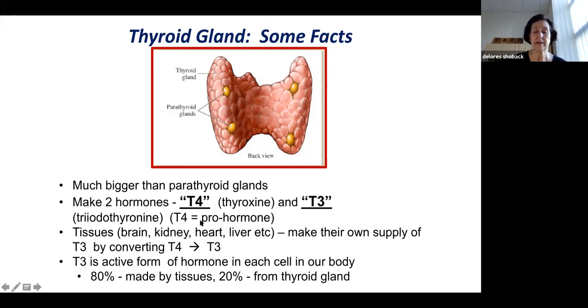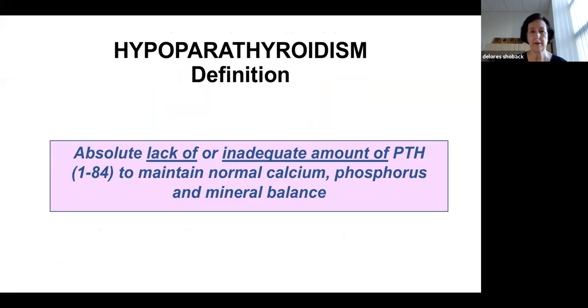T4 is the precursor, or sometimes called the prohormone, for T3. All the tissues in our body make their own T3 actually. The thyroid makes some, but the tissues make it on the basis of what they need. That's a good thing, because this is the most active form of the hormone that acts in each cell in our body. Most of it's made by the peripheral tissues and some is made by the thyroid. So that's the parathyroid and the thyroid.